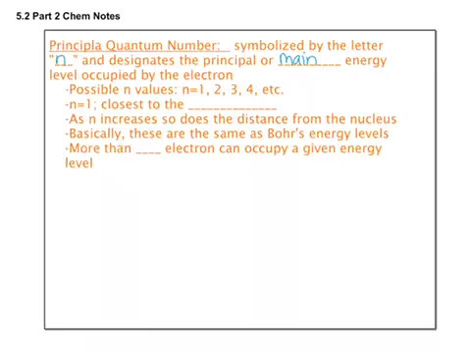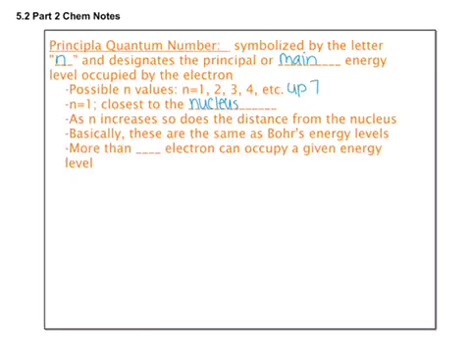The possible values of n are 1, 2, 3, 4, up to 7. There are up to 7 possible energy levels. n = 1 is located closest to the nucleus, where n = 7 would be the furthest away.